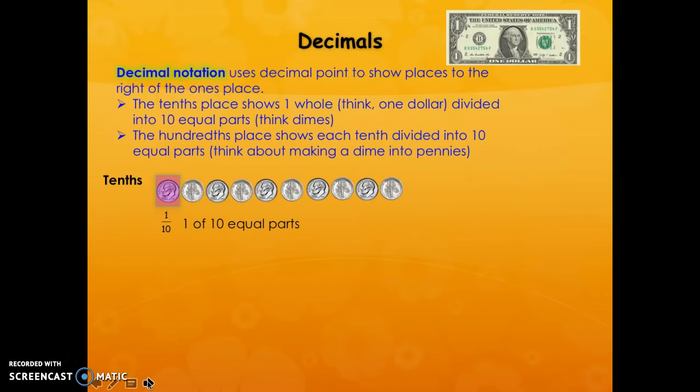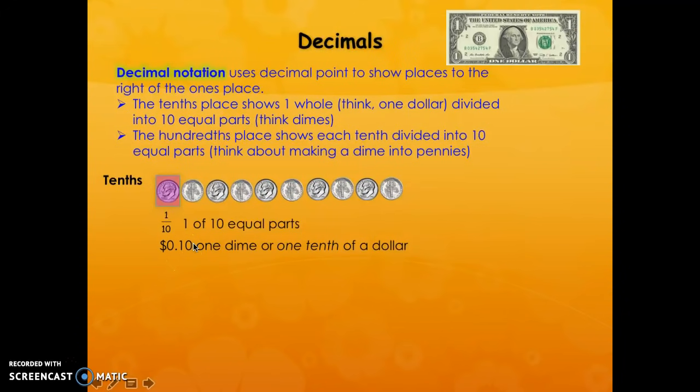So 1/10 is a fraction, looks like this, and that means we have 1 of 10 equal parts. So if we were to write that as money, we would have no dollars, and we would have 1 dime, or 1/10 of a dollar. Now here, we've got it written as 1 and a 0. It still means 1/10.